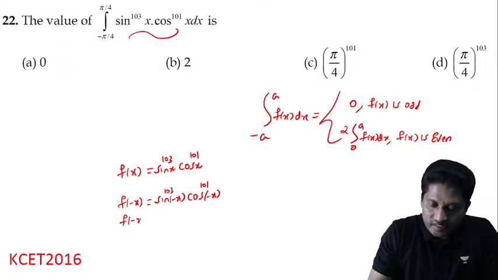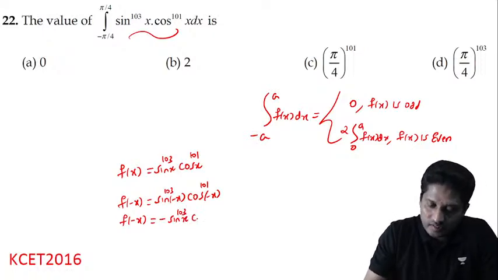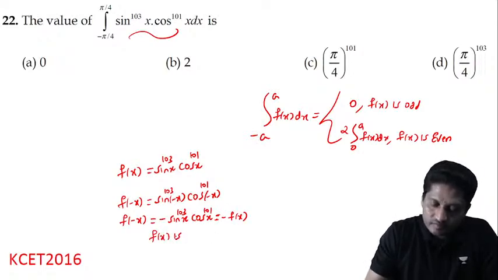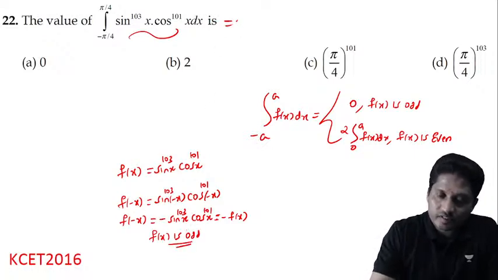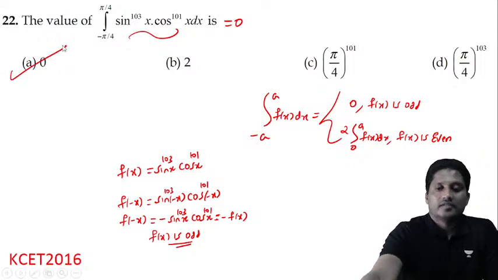Sin of minus theta is minus sin theta, so this is minus sin x to the power of 103. Cos of minus theta is plus cos theta, so cos x to the power of 101. This is minus f(x). The f of minus x is minus f(x). F(x) is odd. If f(x) is odd, this fellow will be equal to 0. Answer is option. Let's move to the next question.